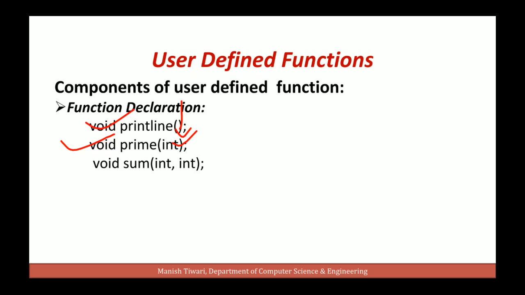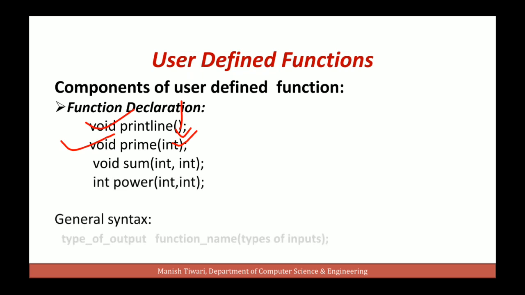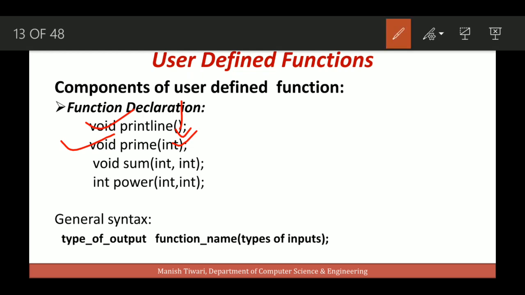So we can declare a function. The normal syntax is that we will write the type of output. This type of output is also called the return type, and then the function name will be there, and in round brackets we will write the types of inputs.